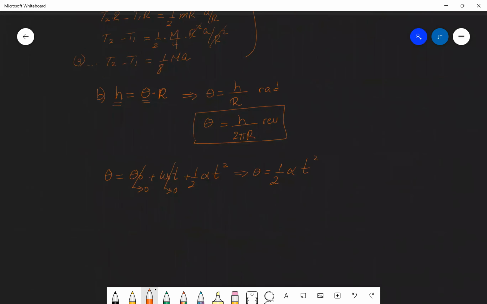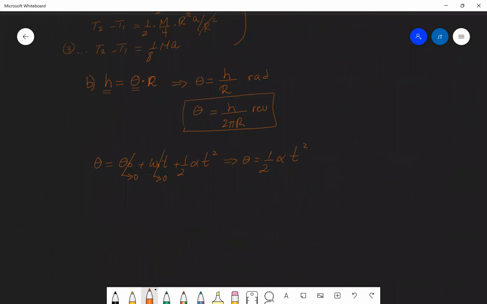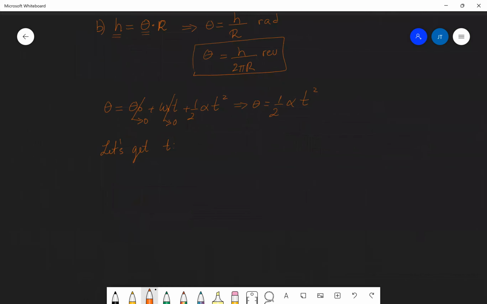Alpha is a over r. So we need to get t in this case. So let's get t. So we could use y. It's y0 plus v0y t plus 1/2 a t squared. Actually, we need to get t squared, right?